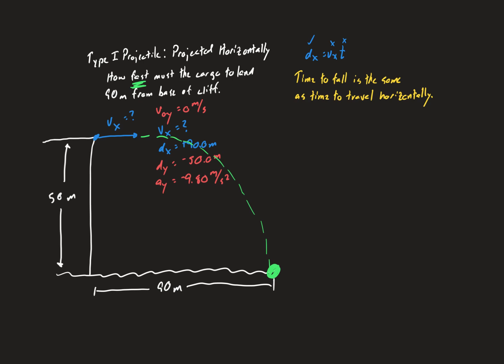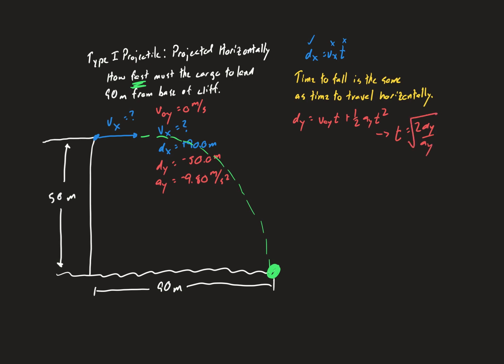So a quick check, and since we are all kinematic experts at this point, I'm going to use the third kinematic. Displacement in the y is v naught in the y times time plus 1/2 ay t squared. Solving the algebra tells me t is equal to the square root of 2 dy over ay.